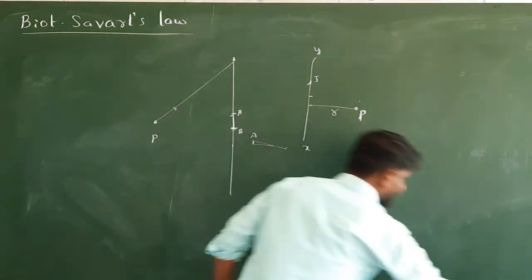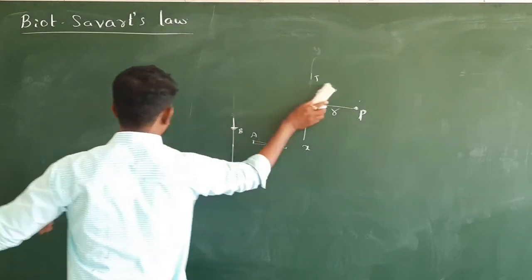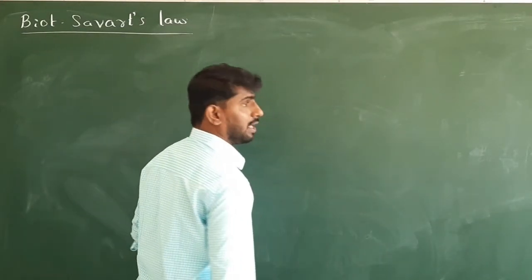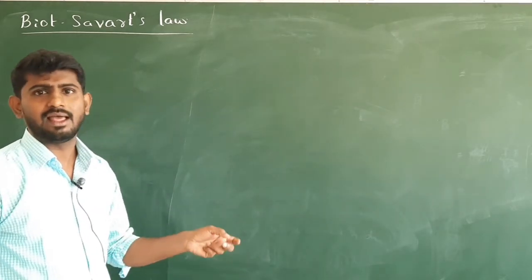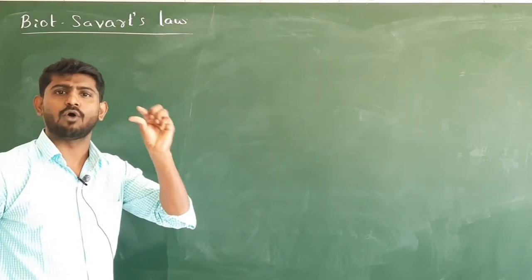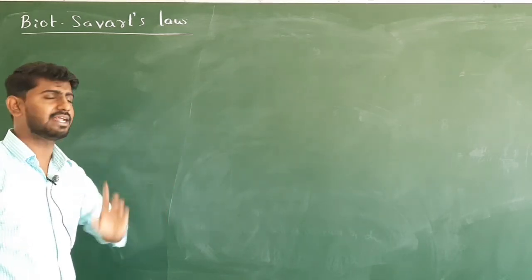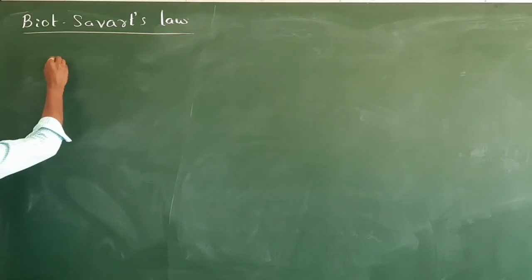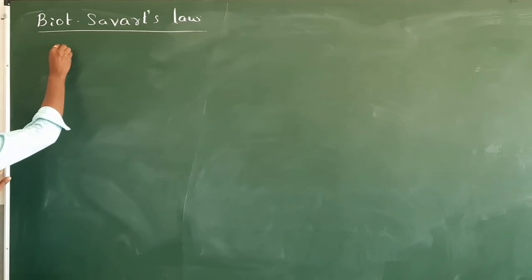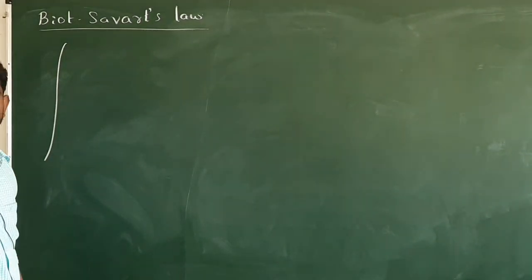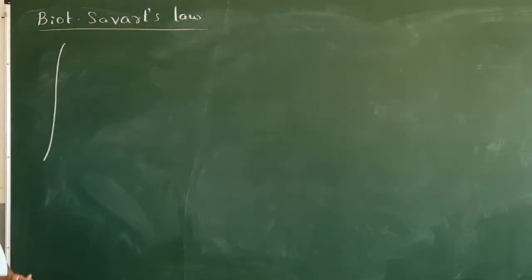Let us see what the Biot-Savart's law is. Biot-Savart's law is used to calculate the magnetic field at a point due to a small current element, not a whole conductor. For example, there is a conductor, and we don't know whether it is straight, circular or curved.